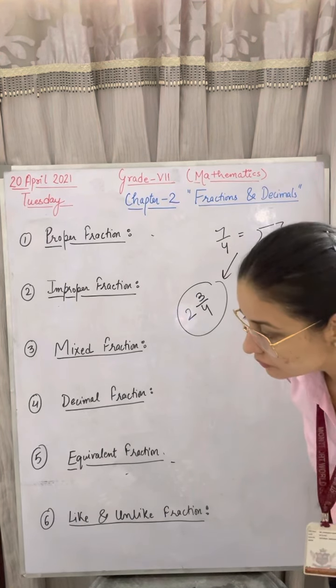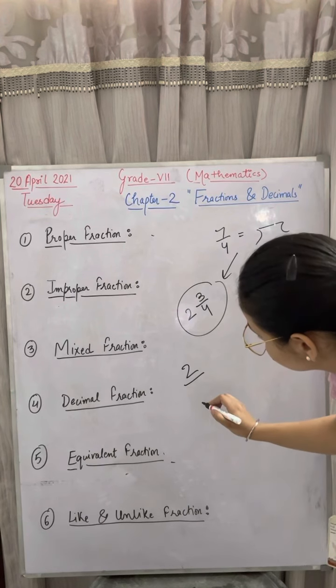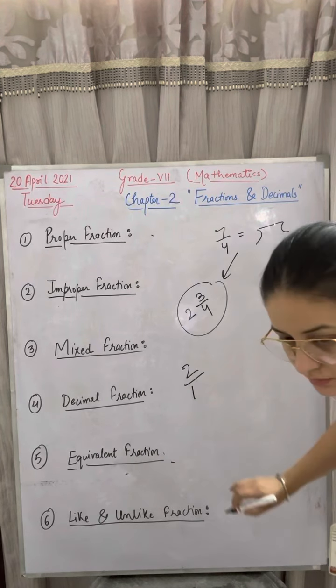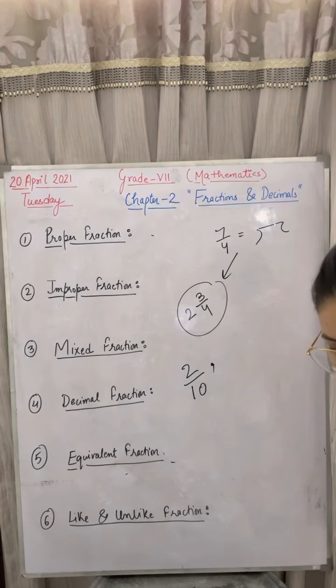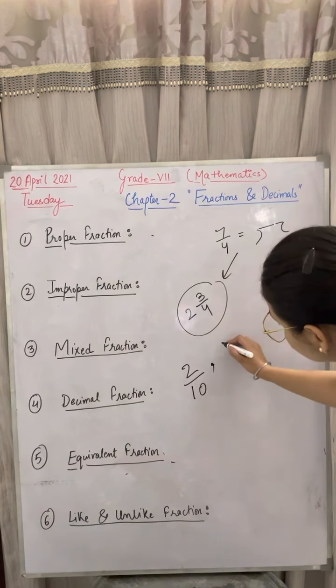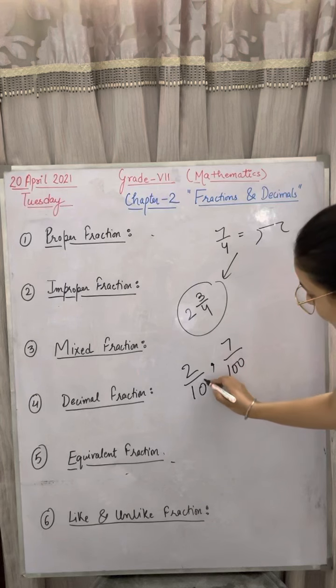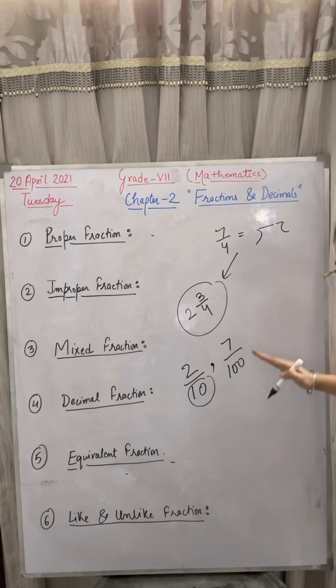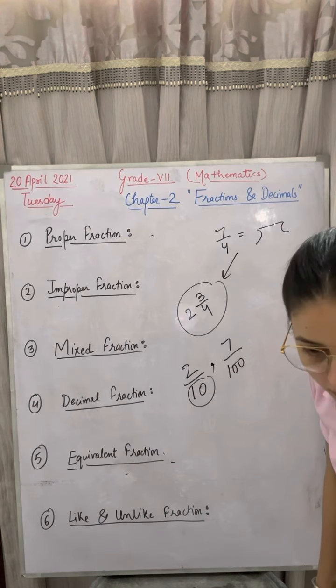Like 2 upon 10. Yes. And give me more examples of decimal fractions. 7 upon 100. Very good, very good. So when we write in this way, when the denominators are 10, 100, 1000 in this form, that will be your decimal fraction. Very good.